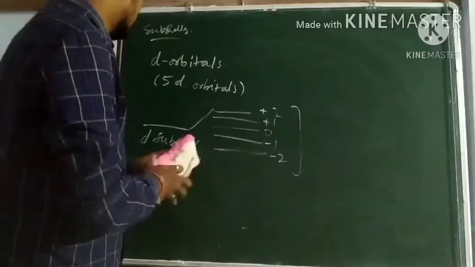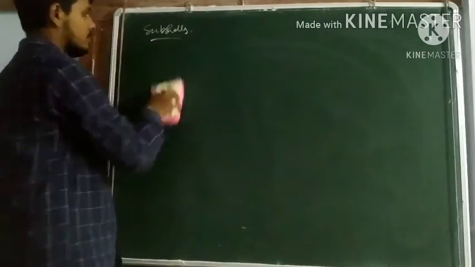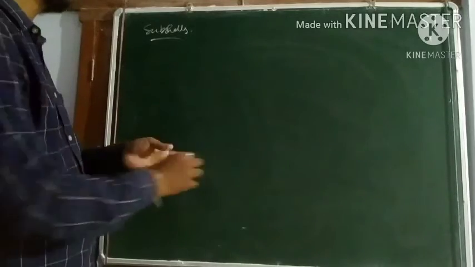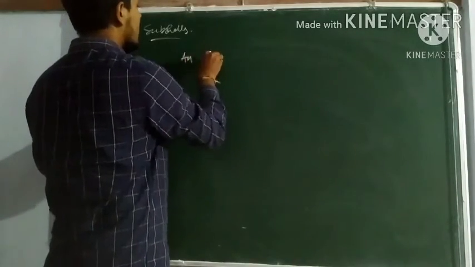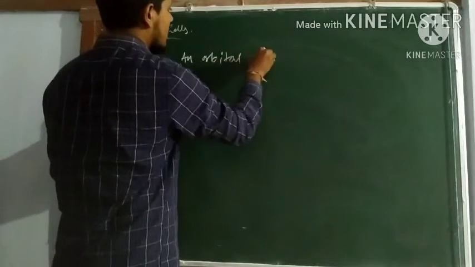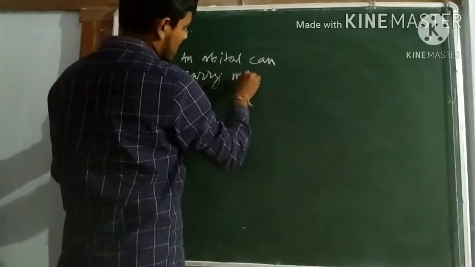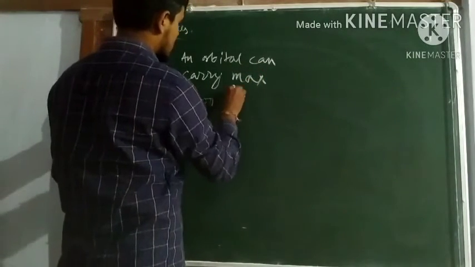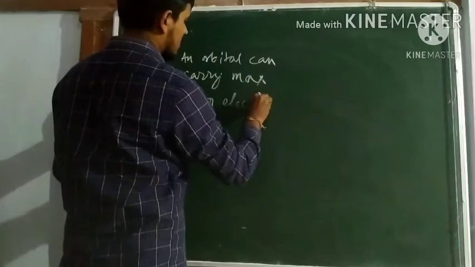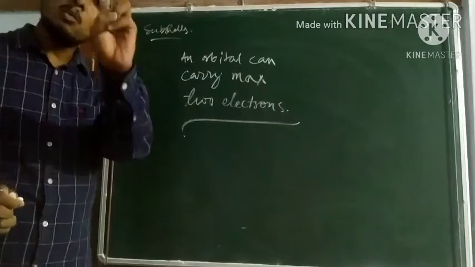Now before that, let us see something else, which is an orbital can carry maximum 2 electrons. Okay, so at our orbital of maximum 2 electron থাকিব পাৰে.